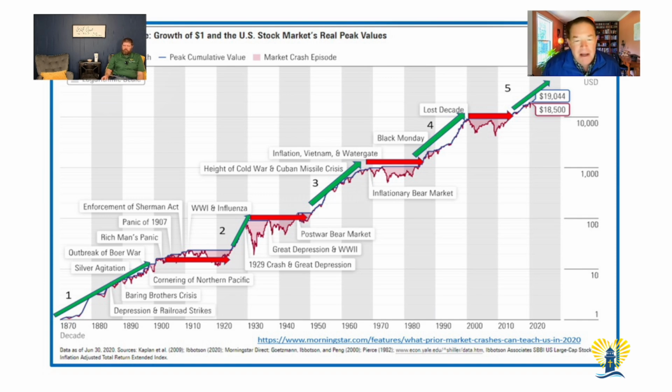On the cover of Time magazine was an article, Equities Are Dead. Why would you invest in the stock market in the early 80s when you can earn 15.5% in a CD, was the thought. Well, the thought was also that interest rates are going to remain high forever. Well, they didn't. And the stock market took off from 1982 to 2000 in a bull market.